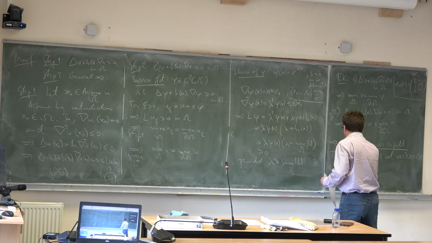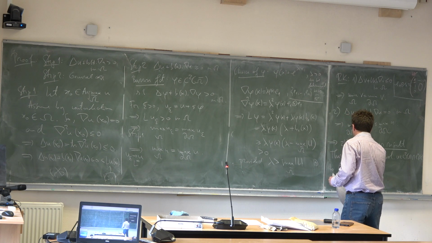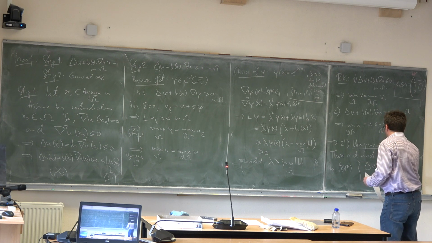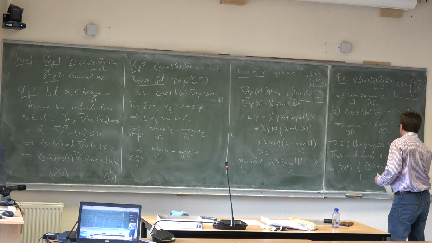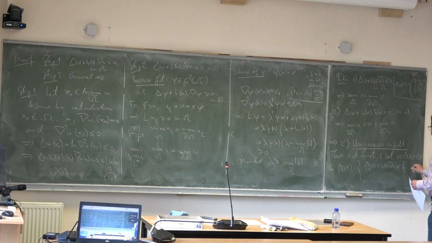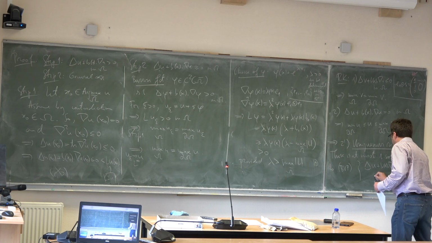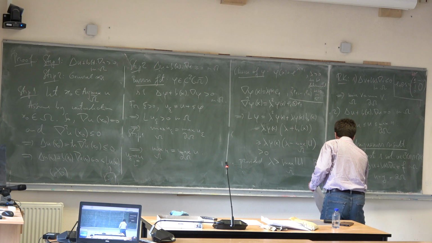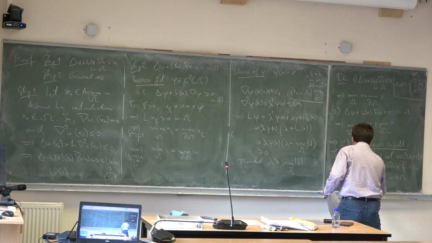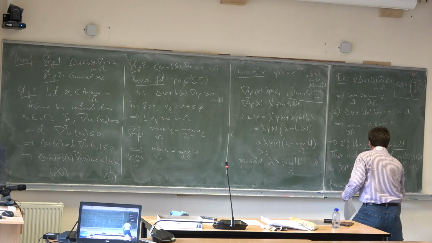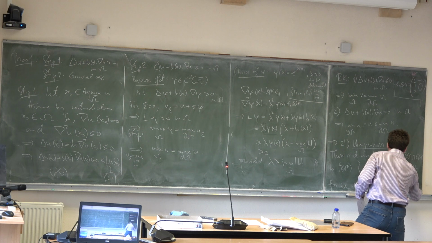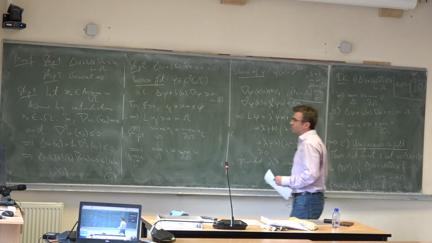So solution to the following boundary value problem, which is Laplacian u plus b·gradient u is equal with some data f in omega, and u is g at the boundary, right? For some data f from omega to R and g from the boundary to R. Right? So how do you prove this?